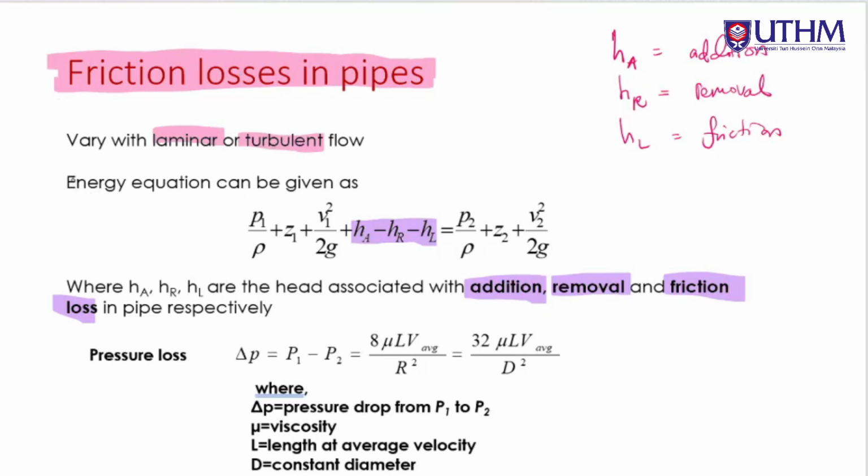Okay, so whatever it is, like I said before, in solving fluid mechanics problems, we have to involve those related equations, and for this one we will refer back to our energy equation, or the Bernoulli equation, where we have a pressure term, an elevation term, and velocity terms.